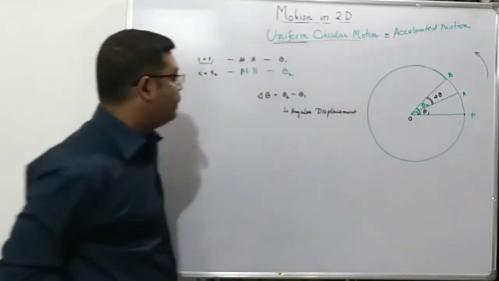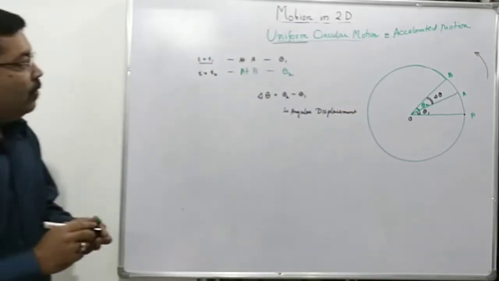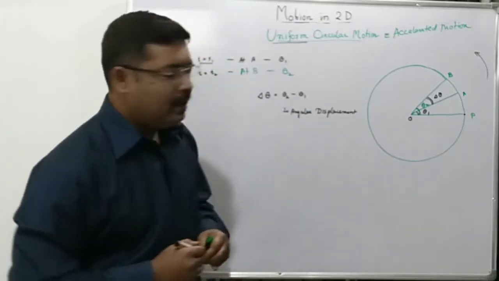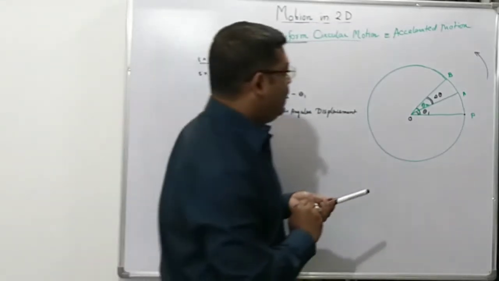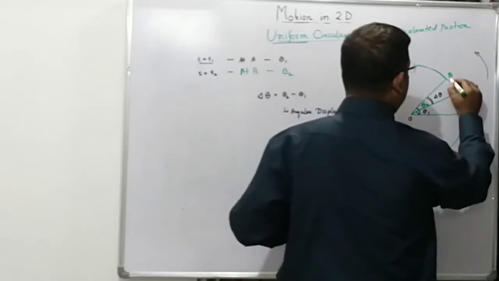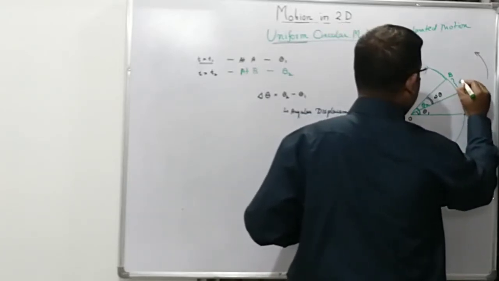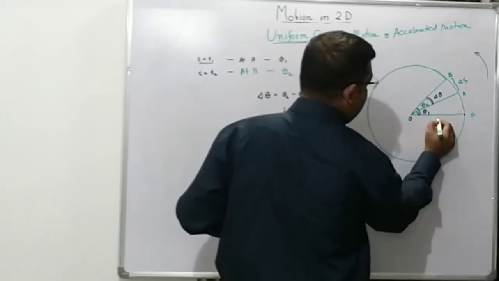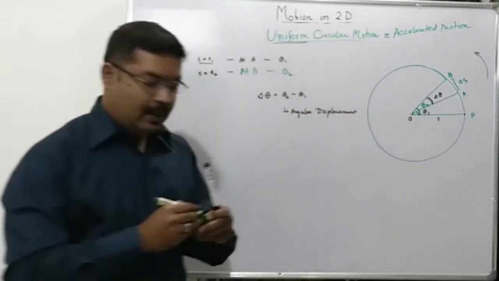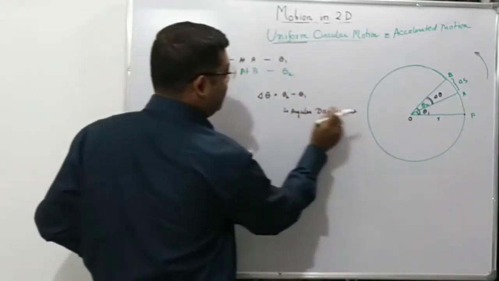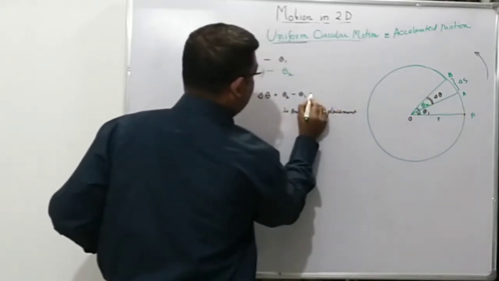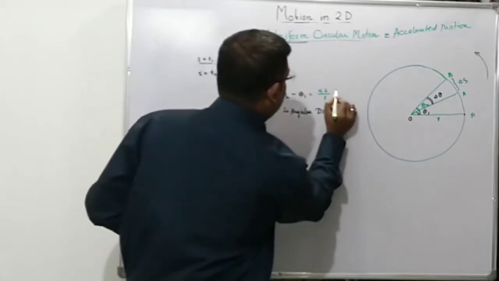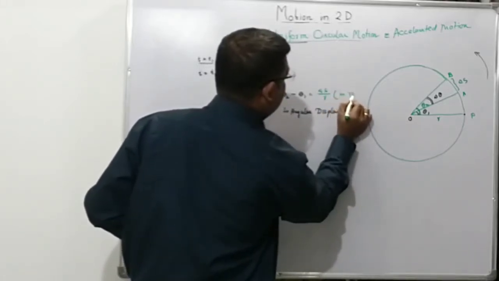of the object. Now, if you look at the geometry, if this arc length is, say, delta S and the radius is R, then this angle AOB will be equal to the arc length divided by the radius in radian.